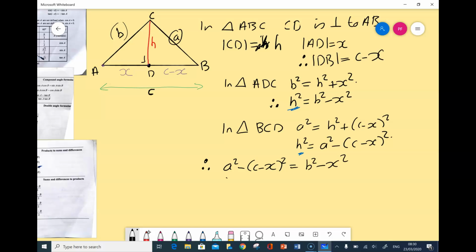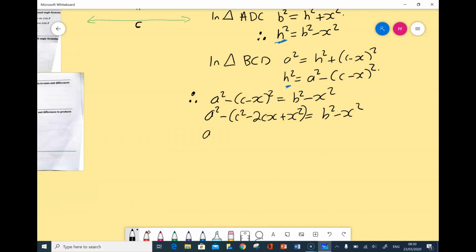Let's square everything out: a squared minus c squared plus 2cx minus x squared equals b squared minus x squared.